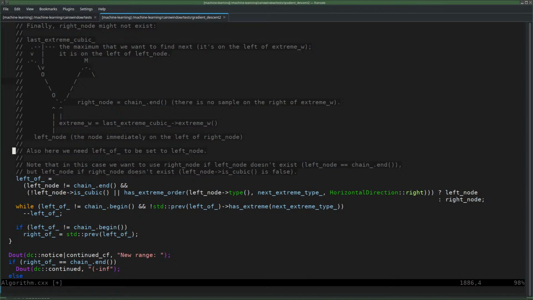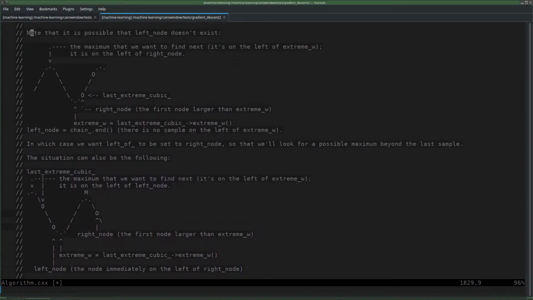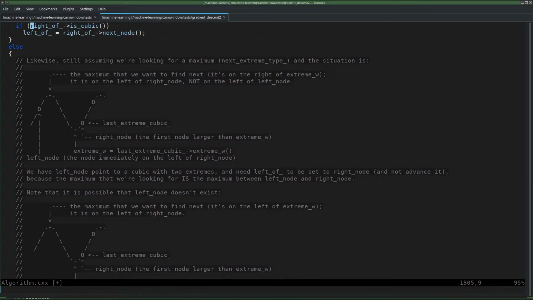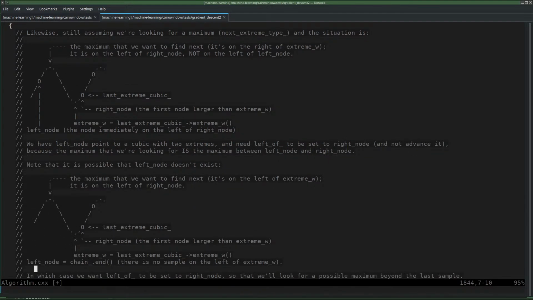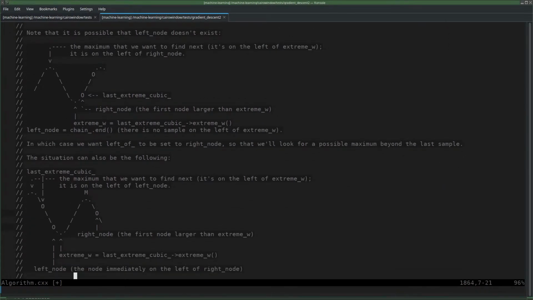In this case we pick left node. In this case we pick left node. In this case we pick right node. And in this case we pick right node, I bet, yep. So left node must either not exist or it must exist, be a cubic and have a certain order, namely first a maximum and then a minimum, as opposed to where it exists as a cubic and has it in the different order, which would be this case.